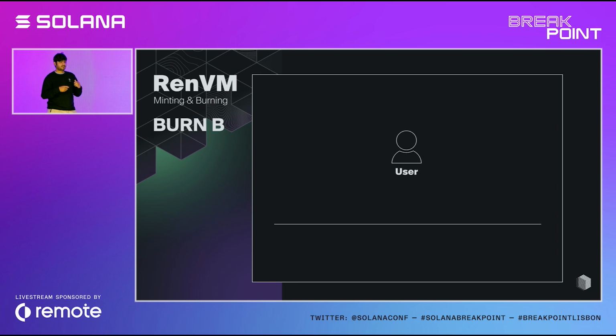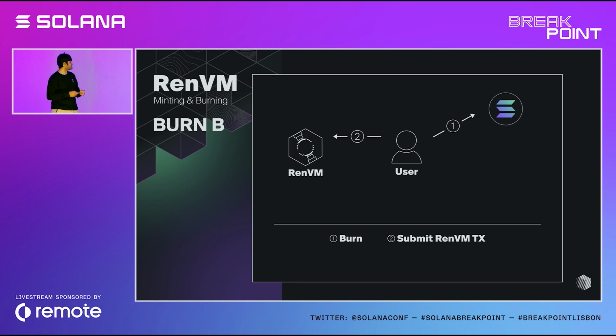There is a different burn functionality, which we will soon have when we enable ERC20 tokens coming from Ethereum to Solana. For example, you could have RenDai on Solana. If you want to burn this RenDai, you burn those tokens and tell RenVM that you've done this operation.